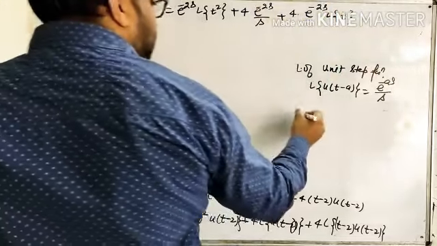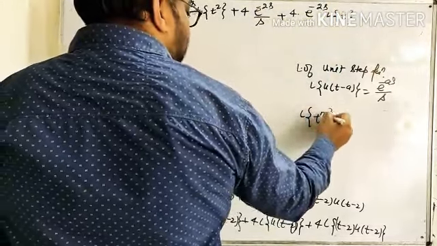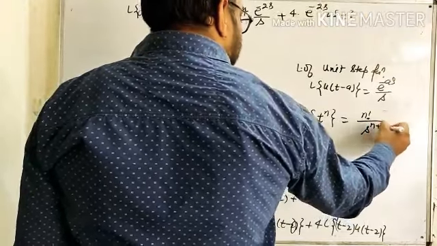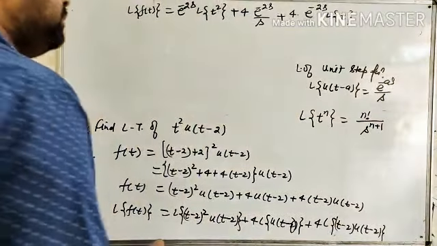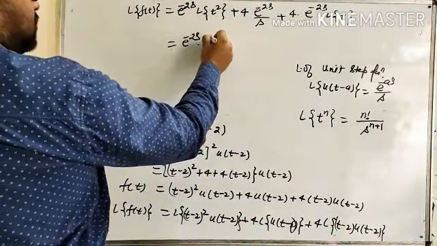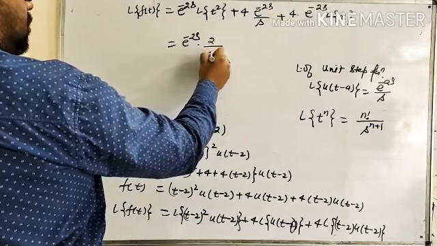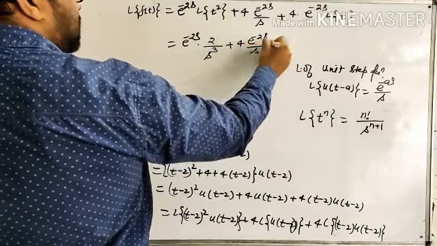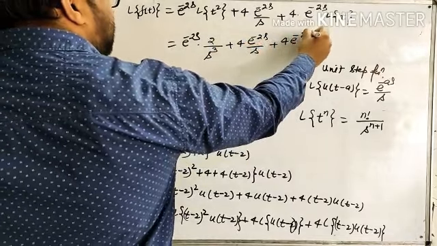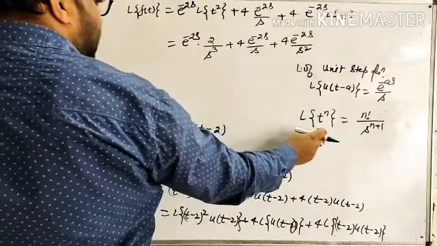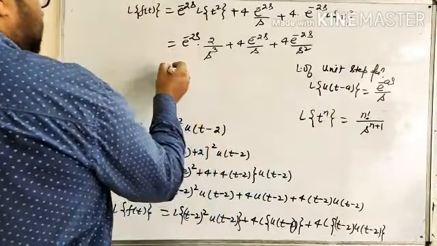Now the Laplace of t square comes from the Laplace of t raised to power n, which is equal to n factorial upon s raised to power n plus 1. So e raised to power minus 2s, the Laplace of t square is 2 factorial, that is 2 upon s cube, plus 4 e raised to power minus 2s upon s, plus 4 e raised to power minus 2s upon s square, because the Laplace of t is 1 upon s square.